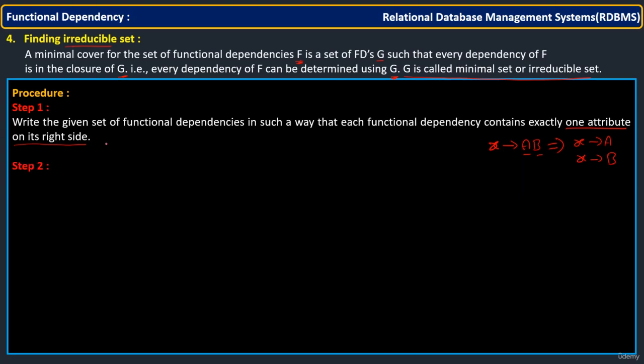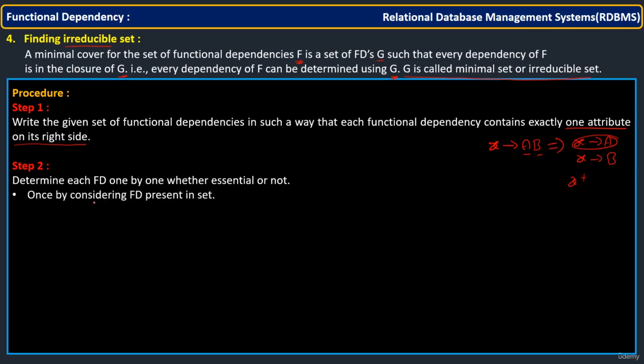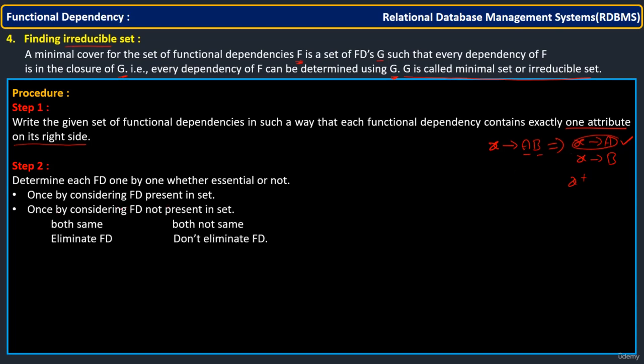And then what do we have to do after that? Step 2: determine each FD one by one, whether it is essential or not. Here, you see, I find the X closure once by having this FD present in the set, and once by not having this FD present in the set.